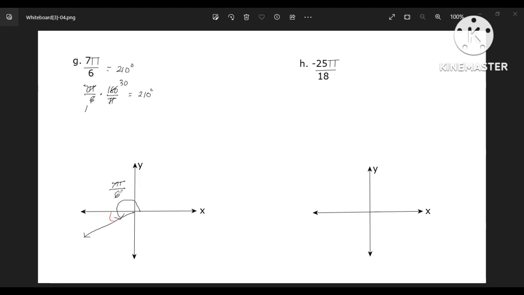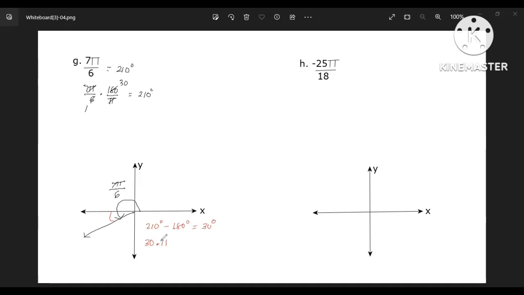Basta i-locate nyo lang yung terminal side at saka yung x. Ganun lang po kadali ang pag-locate ng reference angle. So, to measure that angle, we simply subtract 180 from 210. Diba? So, 210 minus 180 is 30 degrees. Now, since the given is in radians, let us convert 30 degrees to radians, no?